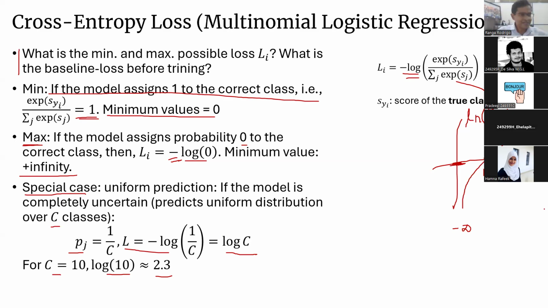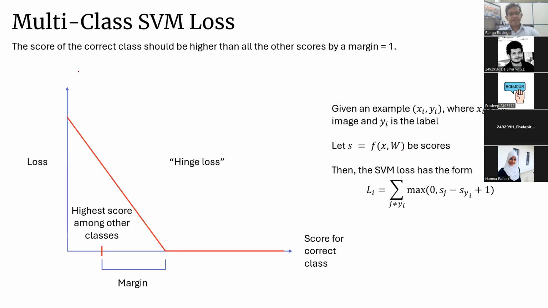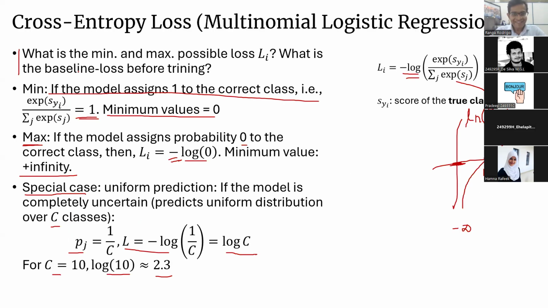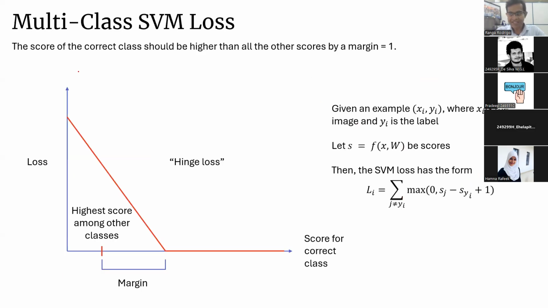Any questions about this? Okay. Then we can move to the next slide. So, that's the softmax loss, or the cross entropy loss. Then we look at the multi-class SVM loss.